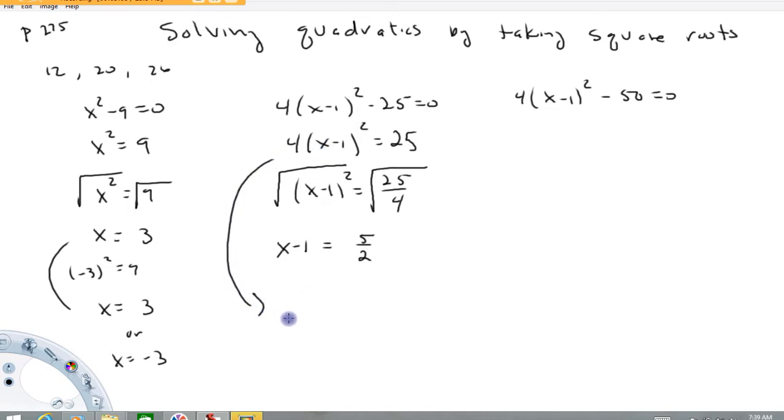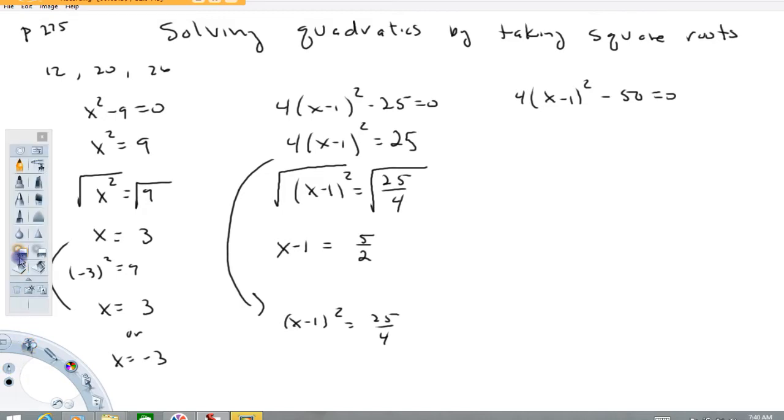Let me write that last line here where we had x minus 1 squared equals 25/4. At this point in the equation, the x minus 1 squared could be 25/4, which means x minus 1 could be 5/2. But it also could be minus 5/2, because if we take minus 5/2 and square it, we would also get 25/4.